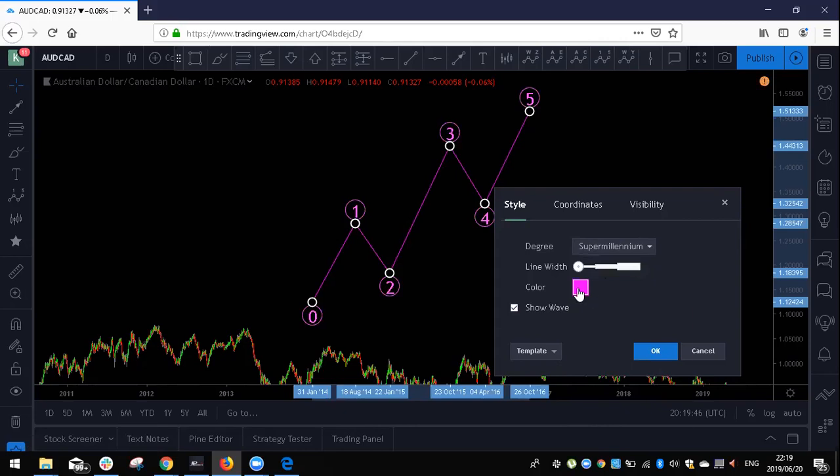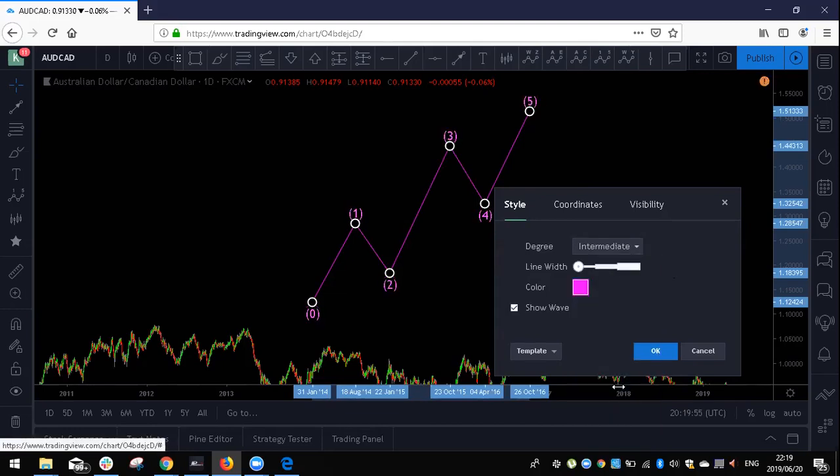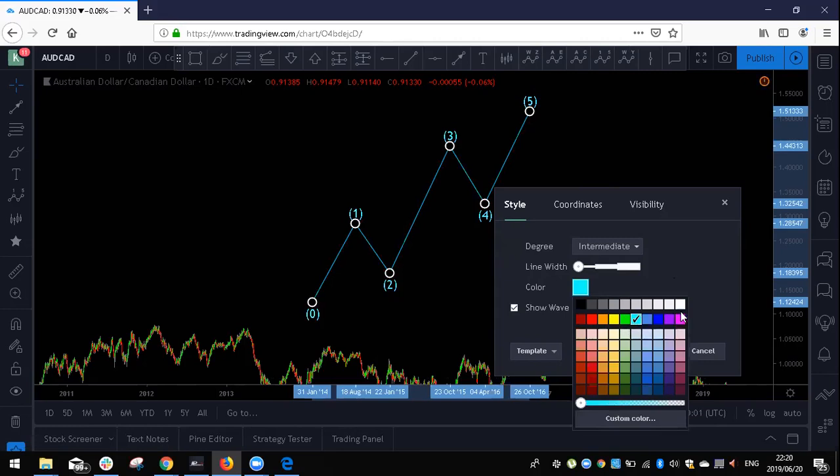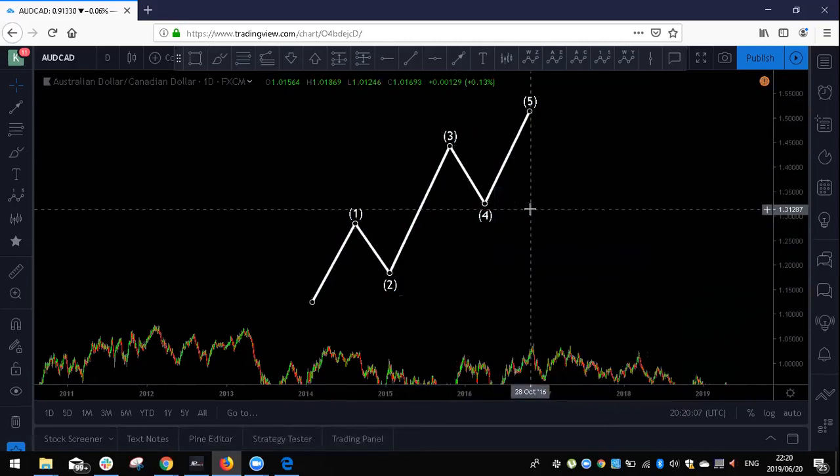But for me, what I usually do is just change colors. You keep one numbering in just the colors. If I do remember to change the degree, I change it, but it's not really very important.